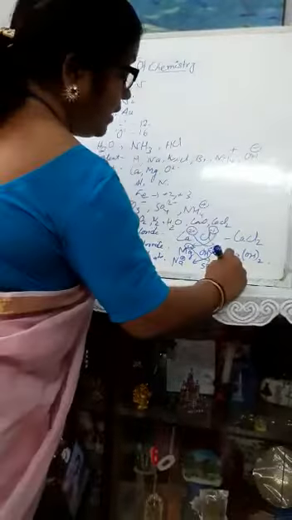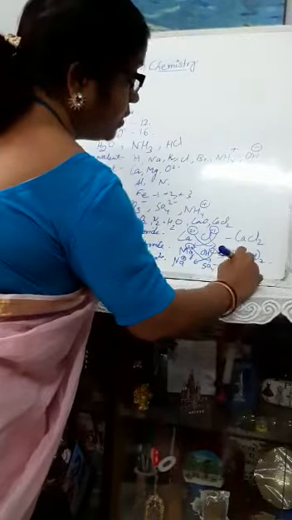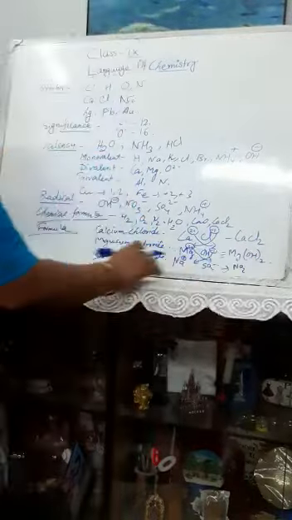So the formula is Na2SO4, the 2 is for sodium and then SO4. So in this way you can write the formula. In your book you can find so many compounds, their names and which elements are there. You must remember their symbols, you must remember their valencies and try to write the formula of the compound.